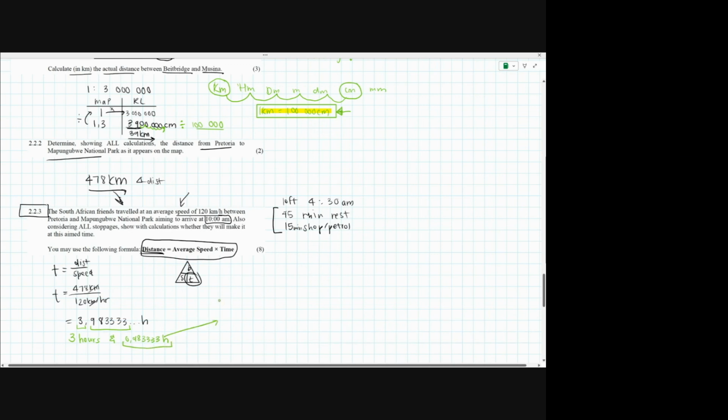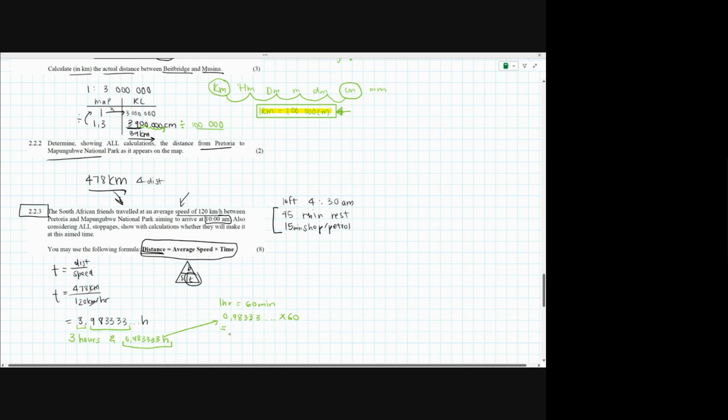Now remember, 1 hour has 60 minutes. So what we would want to do is take the 0.983333 and times that by 60. Figure out how many minutes there are in that portion of an hour.